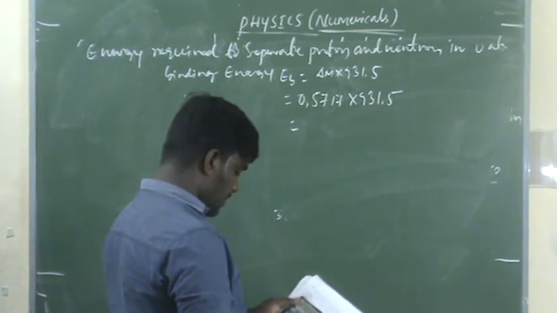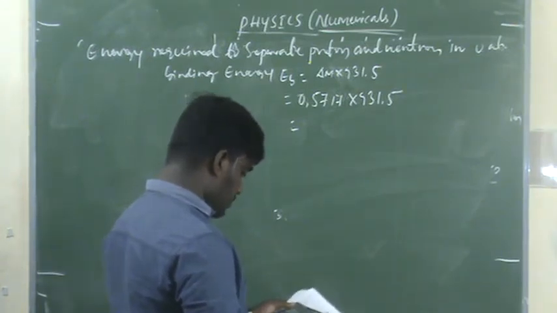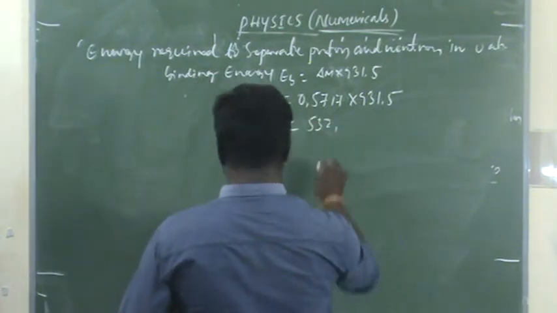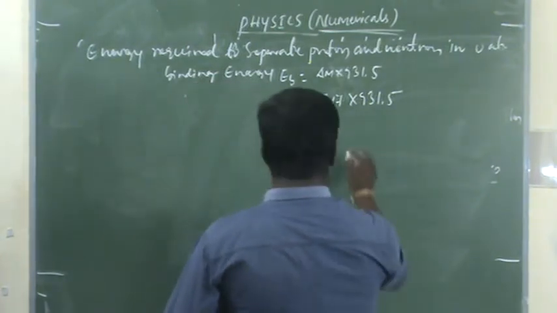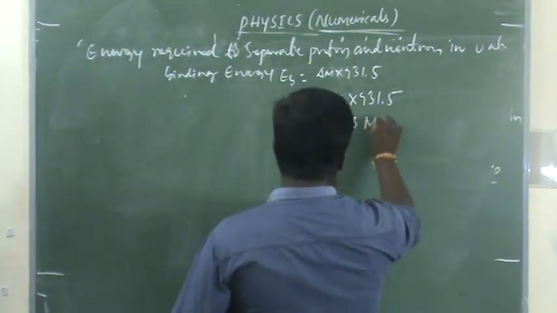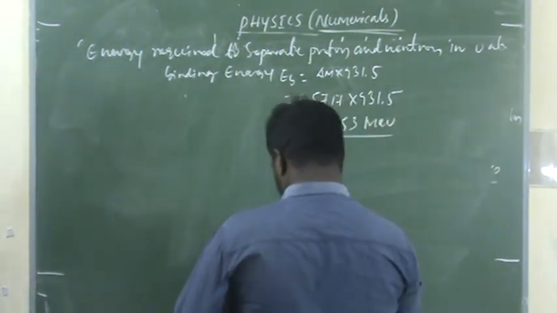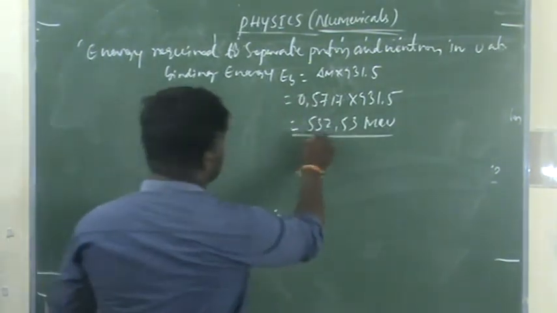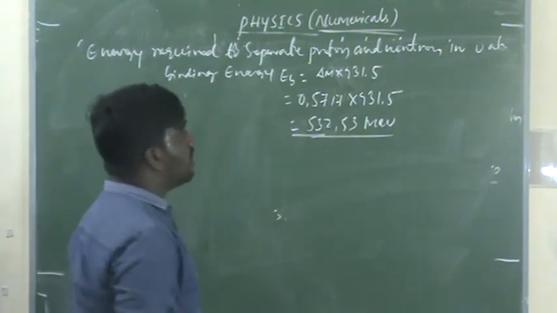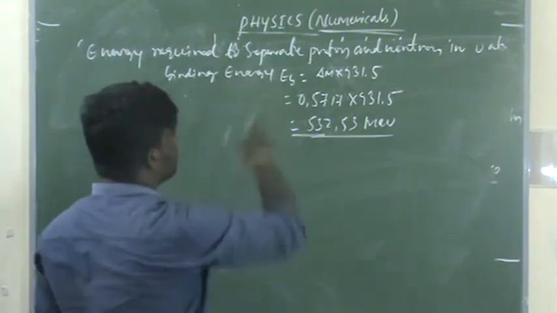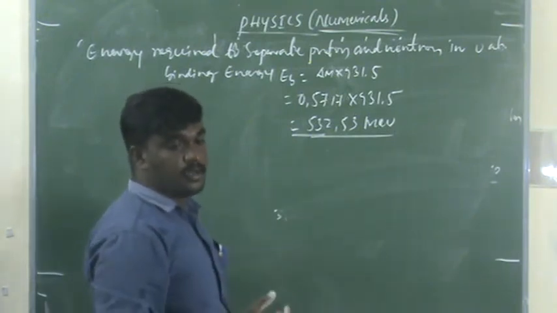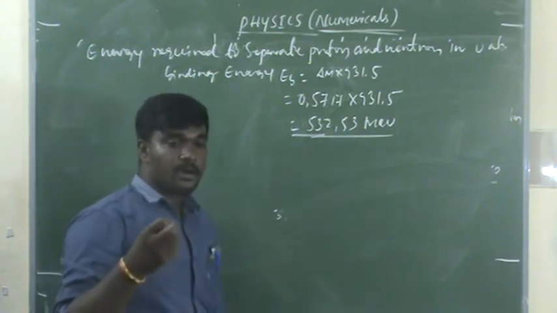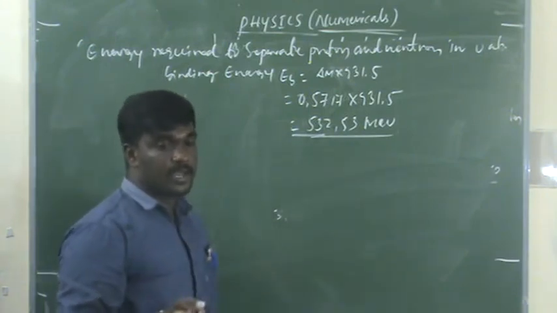It is 532.53 mega electron volt. So this is the binding energy, the energy required to separate the protons and neutrons from one atom of mass 63.